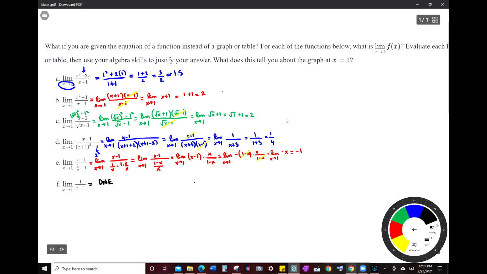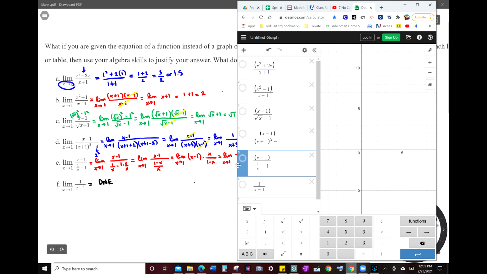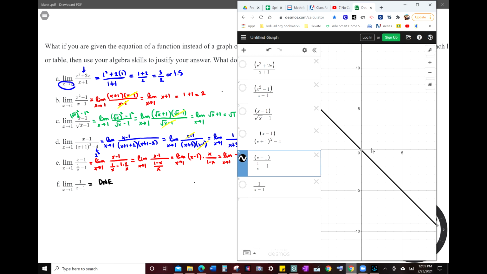And that's what we got right here, 1/4. And then for part E, x approaches to 1 will be -1. Very close to -1 from both sides of the function. Okay.